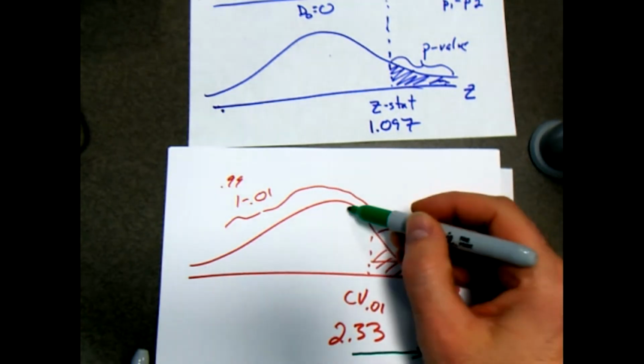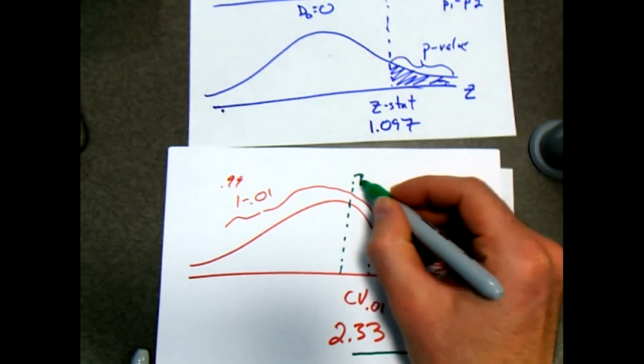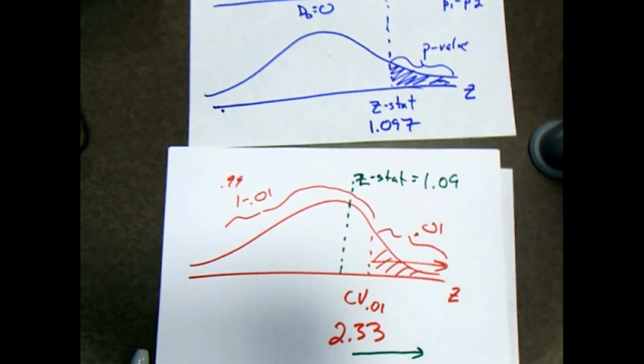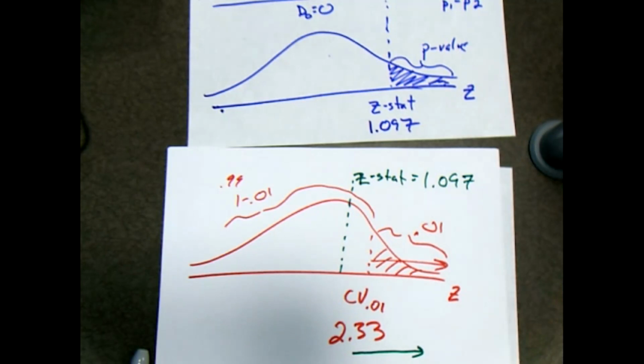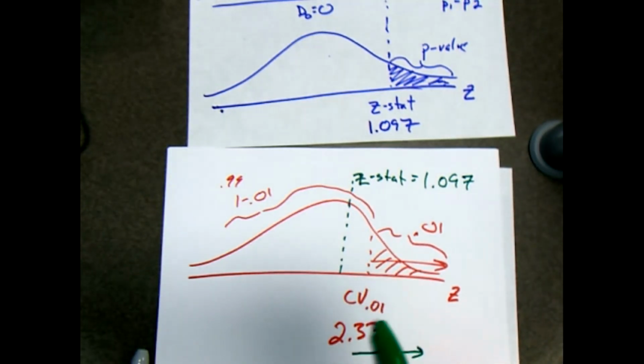However, our Z statistic here was 1.097. So we're not in the rejection region, and we would fail to reject the null here, okay?